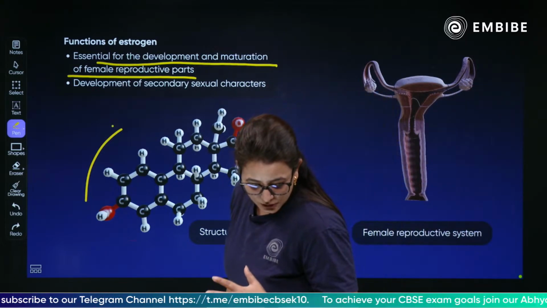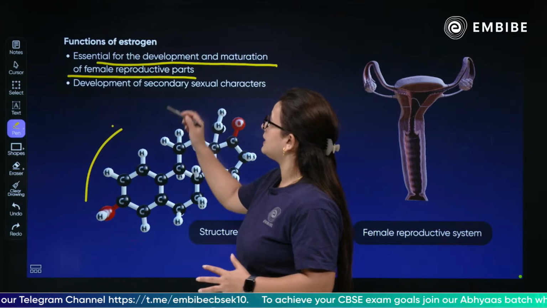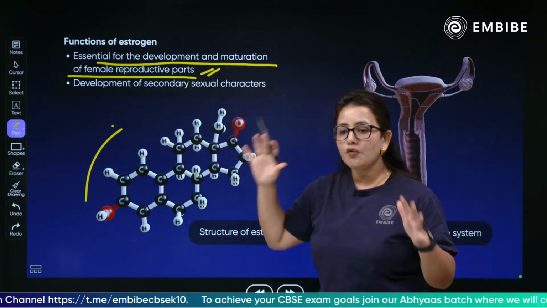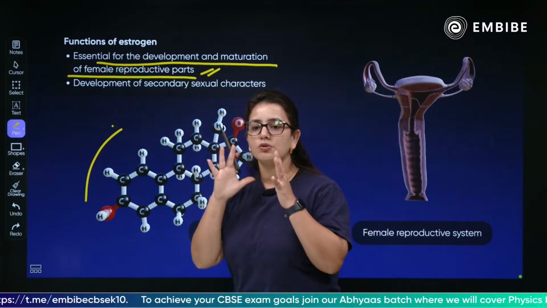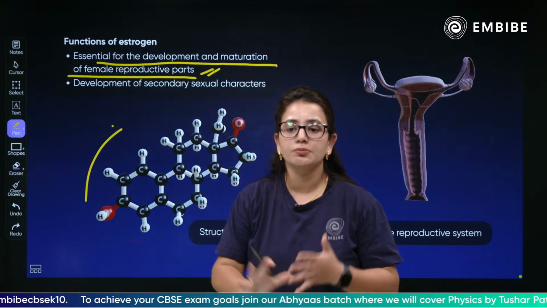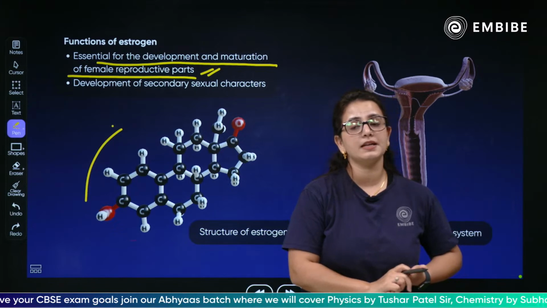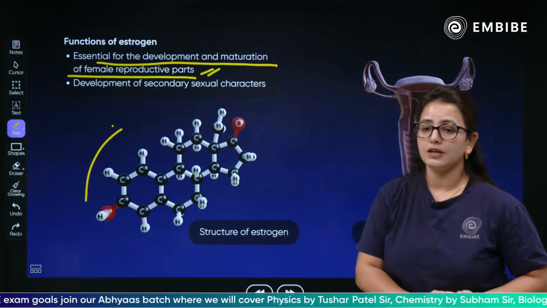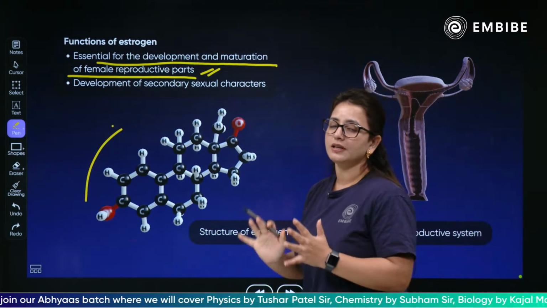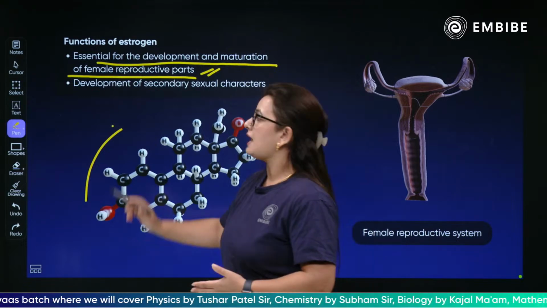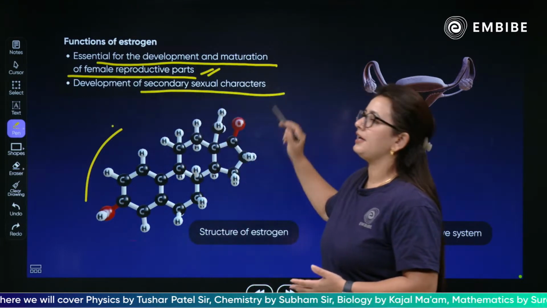The function of estrogen is to lead to the development of the ovary, the cervix, the uterus, the vagina; everything should be properly developed during growth and development. That is taken care of by estrogen. And of course, the secondary sexual characteristics in a female are also taken care of by estrogen.